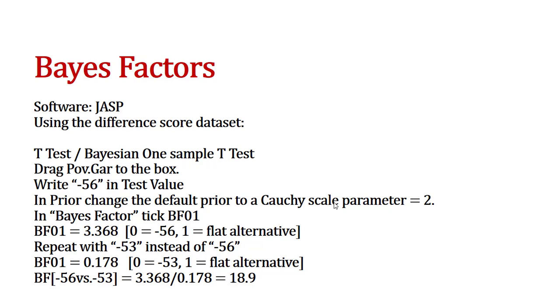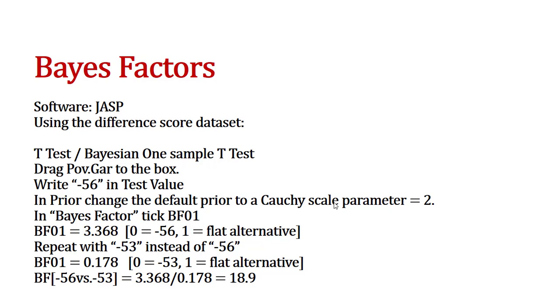And another researcher has another theory, and that theory determines that the difference is 53. So one says minus 56, the other one says minus 53. So basically we can now compare the maximum likelihoods of two models to determine which one better predicts the actual data.